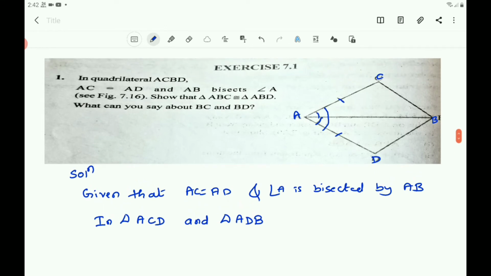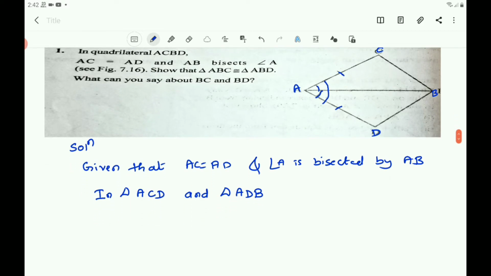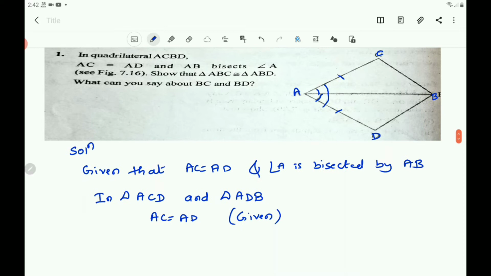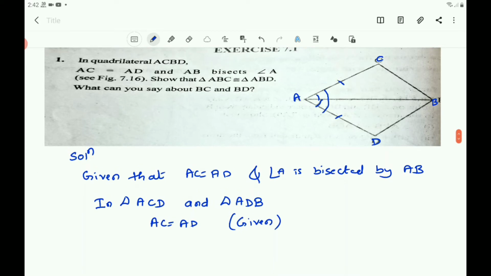Now it is given that AC is equal to AD. You write that one. AC is equal to AD. Reason, that is given. AC equals AD, given. And also here the angles are equal. Bisected angles. Angle A is bisected by the line segment AB.